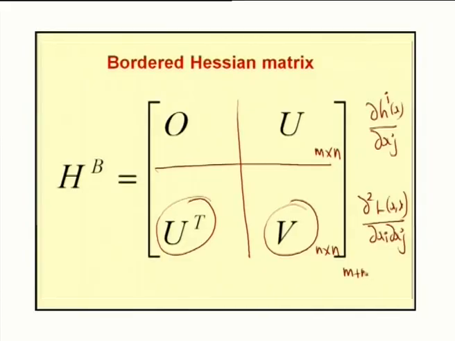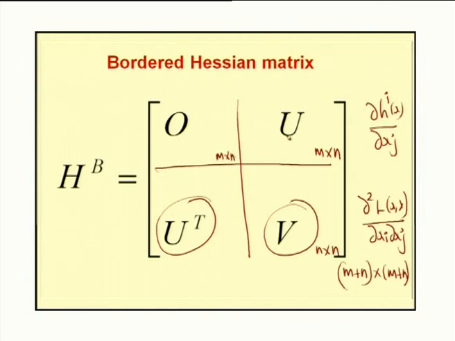So, for a given nonlinear programming problem, first we have to construct the border Hessian matrix to talk about the sufficient condition. The border Hessian matrix is of order m plus n cross m plus n. The border Hessian matrix has 4 blocks. The first block is O, which is a null matrix of order m cross m.